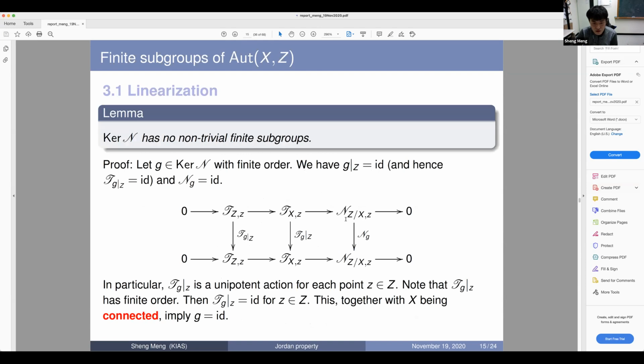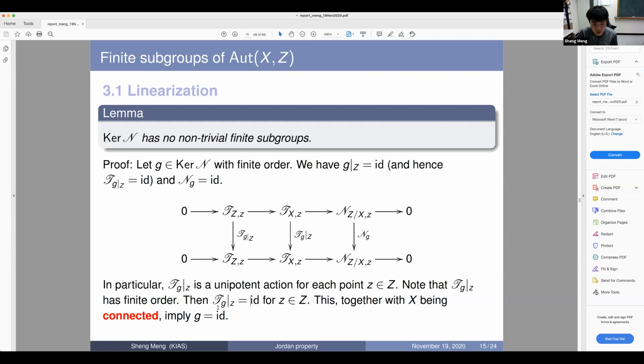Okay. So indeed, the proof of this step also uses the previous technique: both it is unipotent and it is semi-simple, then it implies identity. Okay, so we use this technique twice indeed, but on different spaces.